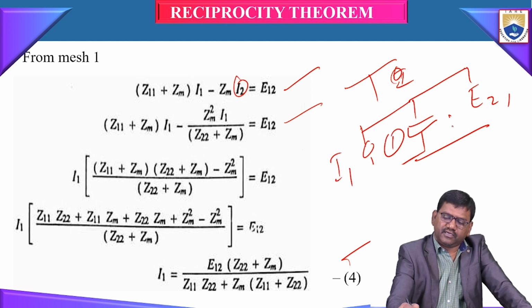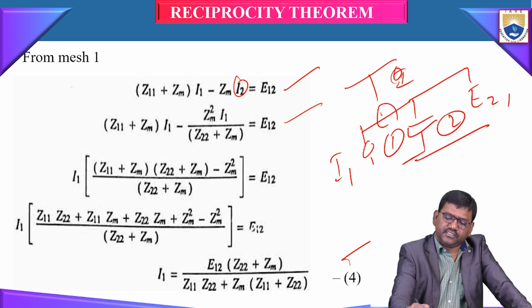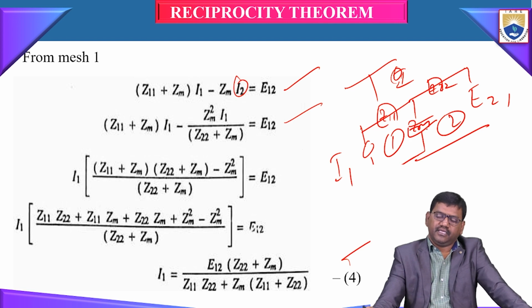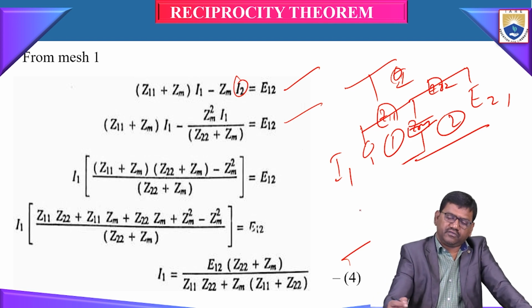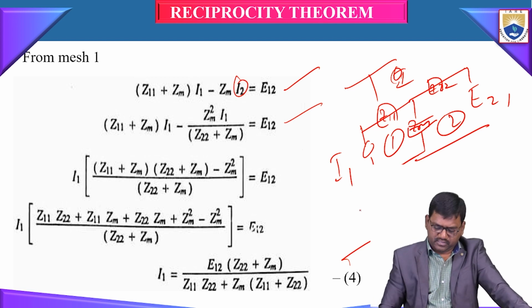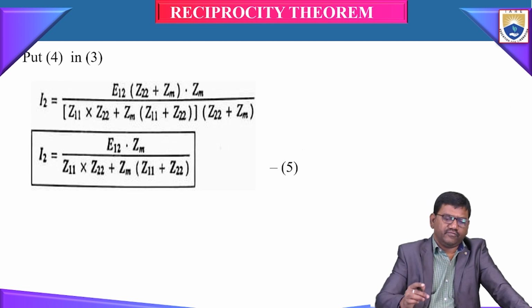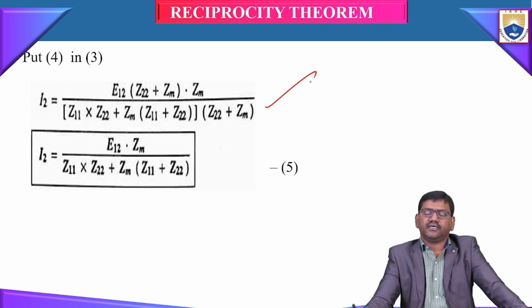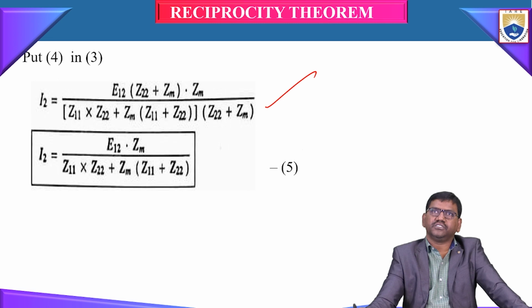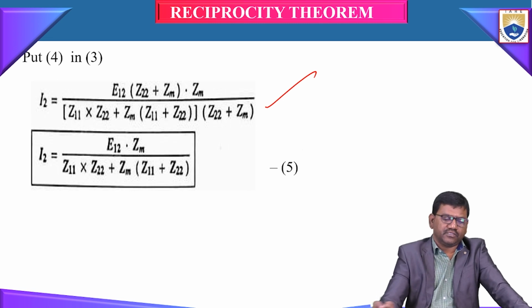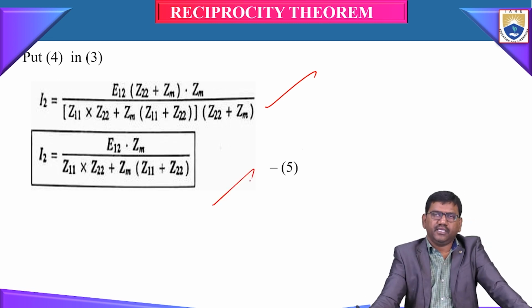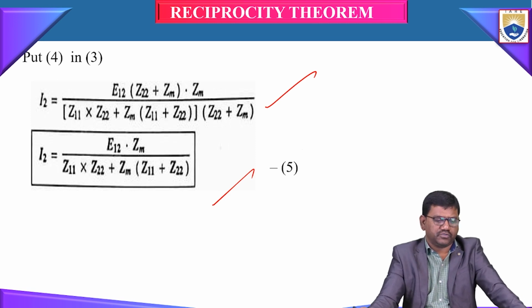This is 1 and this is 2, and here this is Z11, this is Z22, and this is Zm. Clear? So for this equation also we are going to find the value of I2. If we simplify, you will get I2 is equal to E12 into Zm by Z11 plus Zm into Z22 plus Zm into Z11 plus Z22.